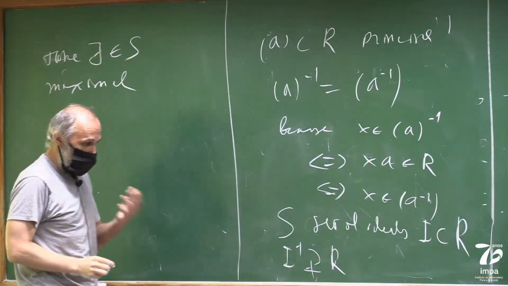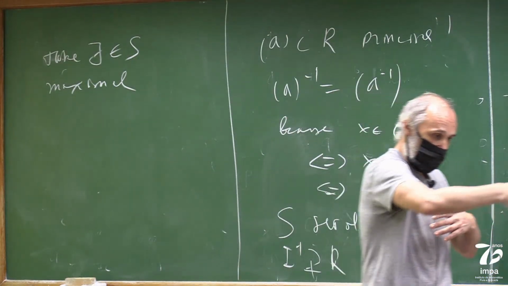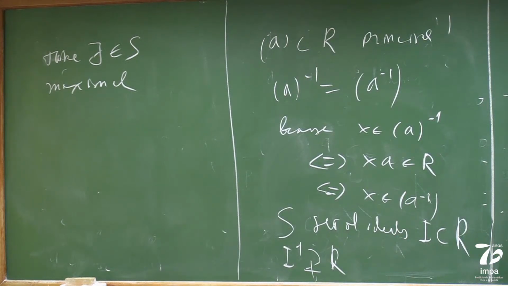It exists because now we use Noetherianity: every increasing chain of ideals terminates, so S contains a maximum.